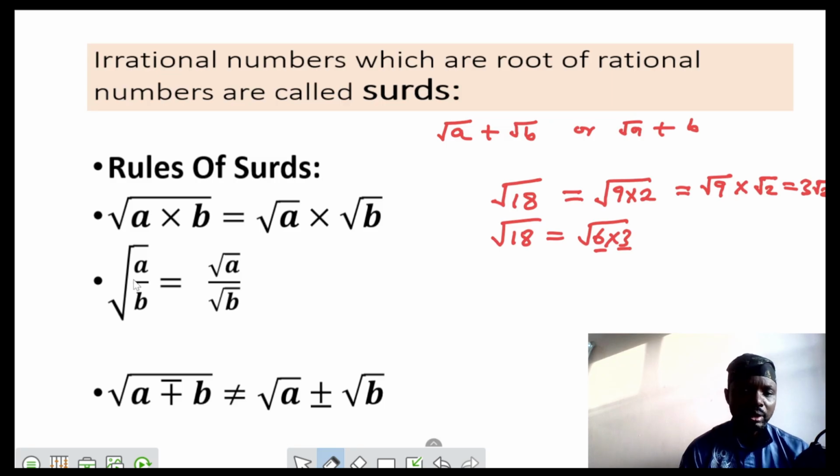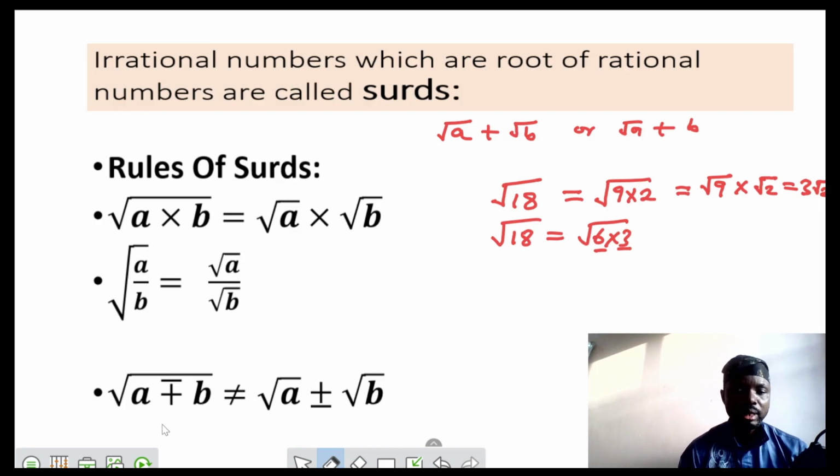Another rule of surds is that if I have a surd with only one root and it is dividing, it can be broken into root a over root b. I mean, root of a over b is the same thing as root a over root b.